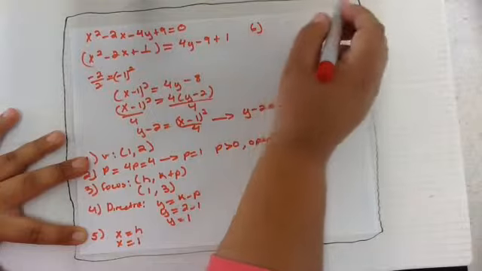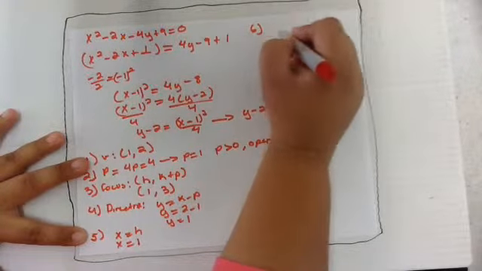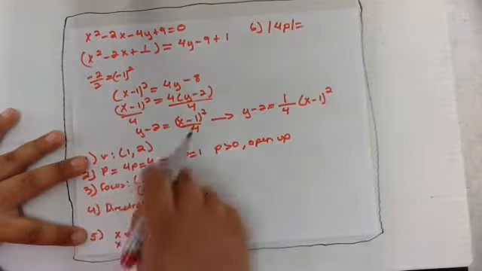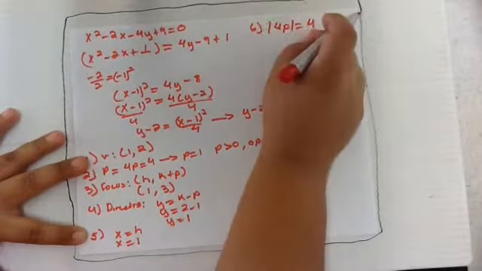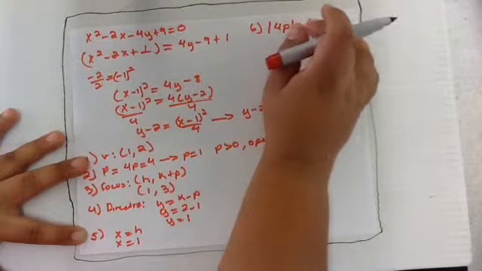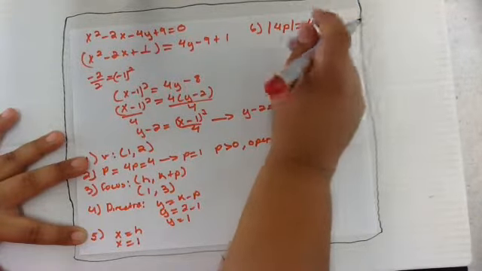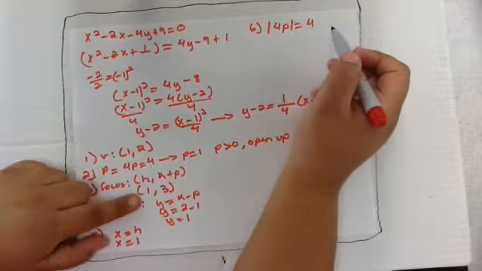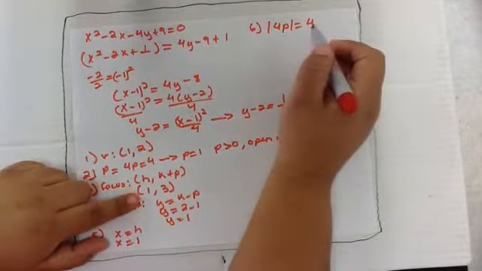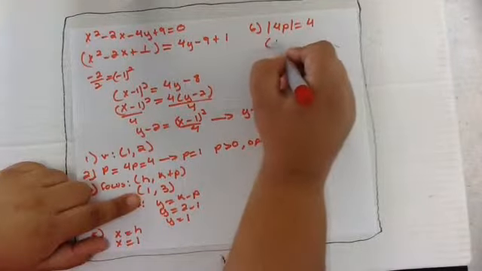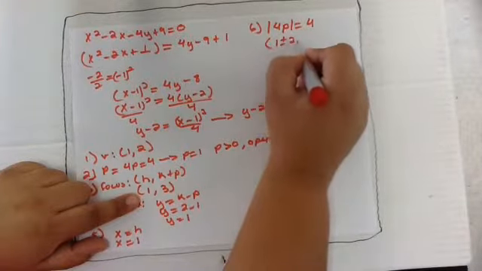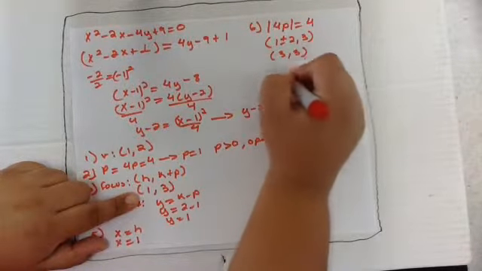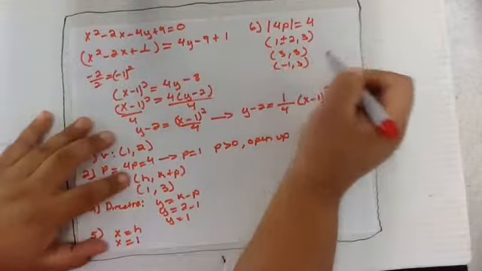And to find the length of the latus rectum, we know that it's the absolute value of 4p. 4p was 4. So that means we're moving 2 units to the left and 2 units to the right. So from the focus, which was at 1 and 3, we're adding to the x's. So it's 1 plus or minus 2 and 3, which is going to give us the points 3 and 3 and -1 and 3. Now we can graph.